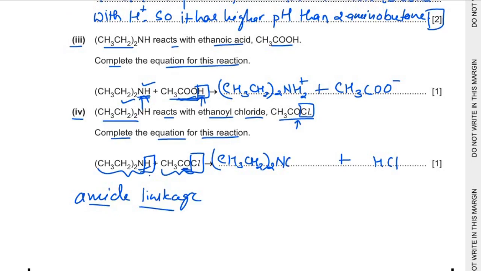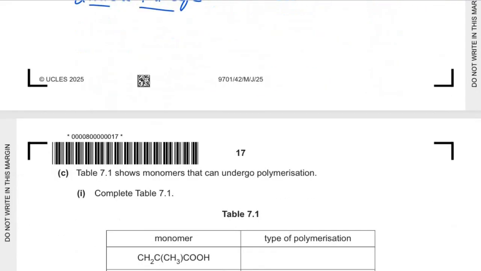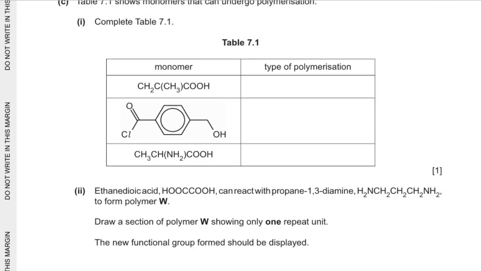So I should write directly the CO part here and then the CH3, and the nitrogen gets bonded to form an amide linkage. So that's the linkage, and a small molecule is eliminated out, just like a peptide linkage or polyamide linkage.